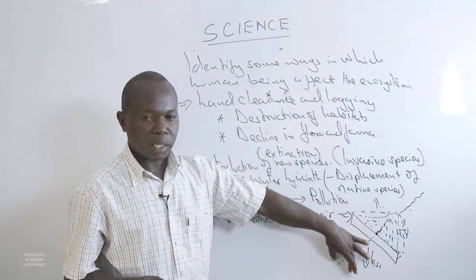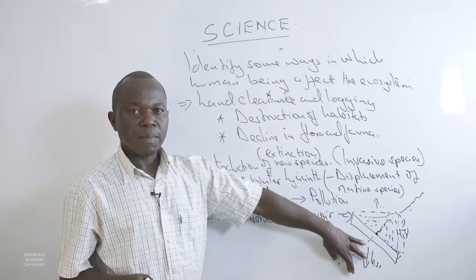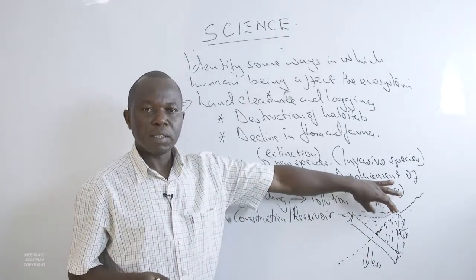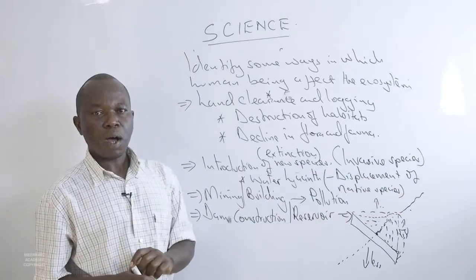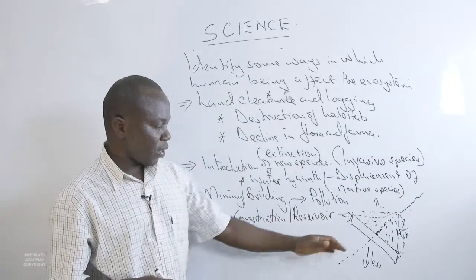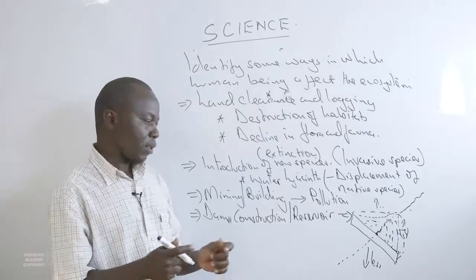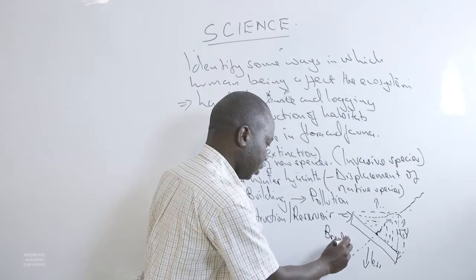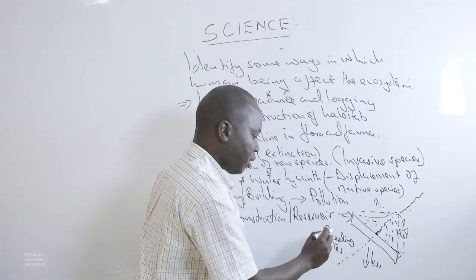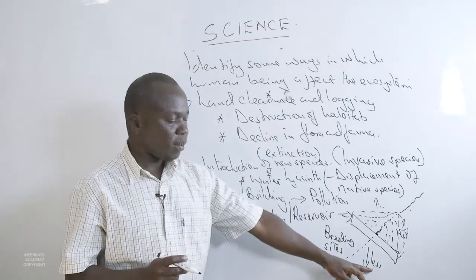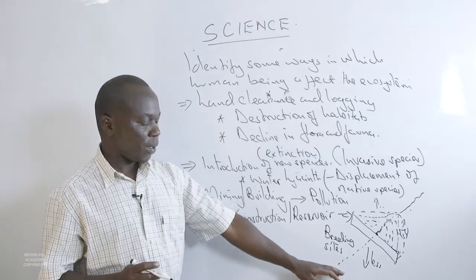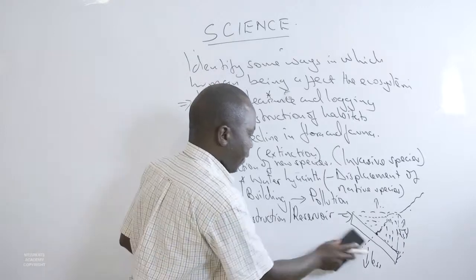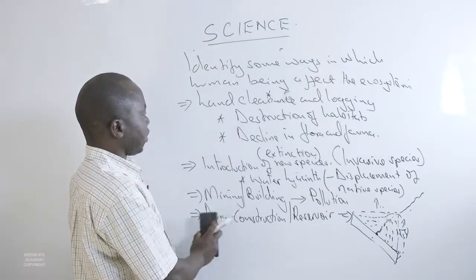If we have less water here, it's going to affect the ecosystem services that was being provided by the stream to aquatic organisms. For instance, if we had breeding sites at that point, they are going to be affected because now we have less water flowing down. So there are several effects.